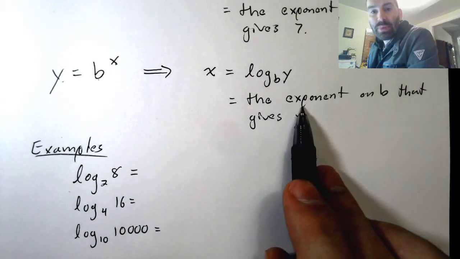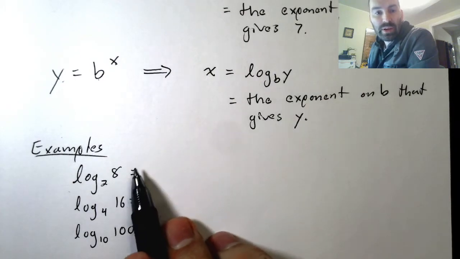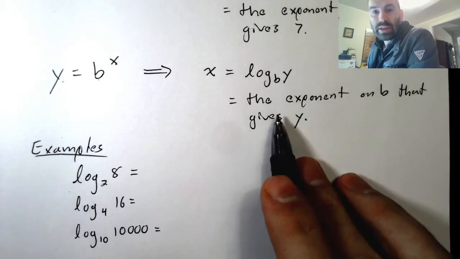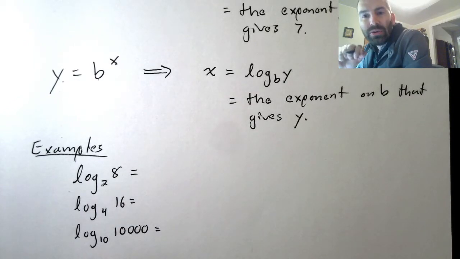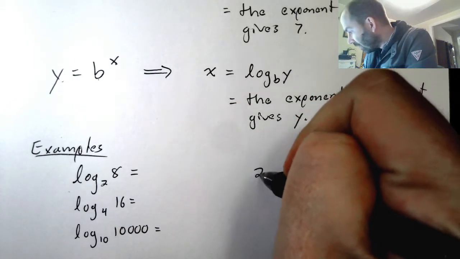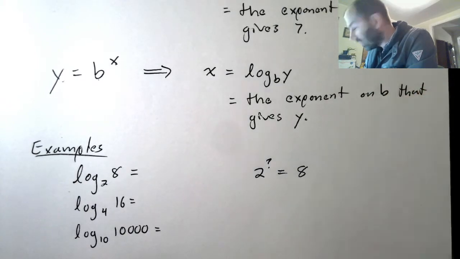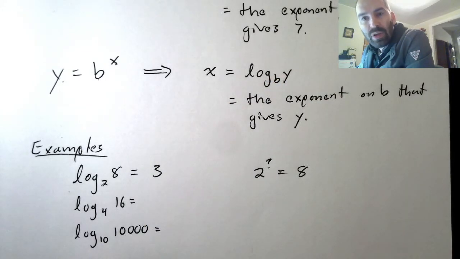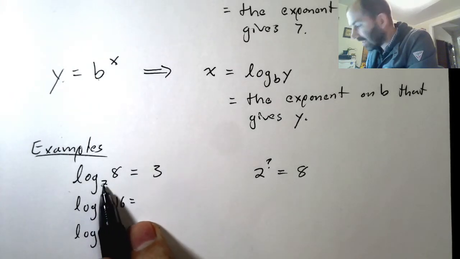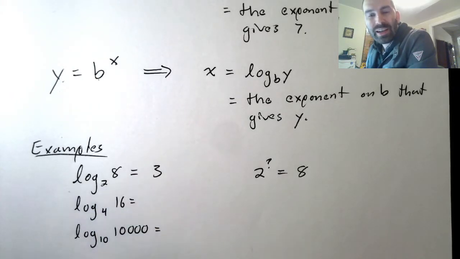It's the exponent on 2, that's the b here, that gives 8. In other words, 2 to the what equals 8? Think about it a little bit, you realize that's the number 3. So that's what log base 2 of 8 means. It's the number that I would have to exponentiate 2 to get 8.